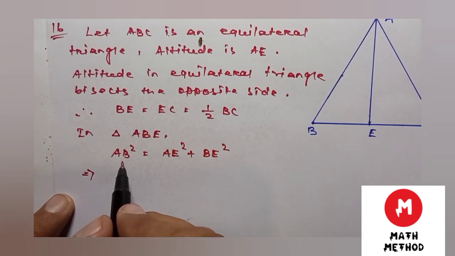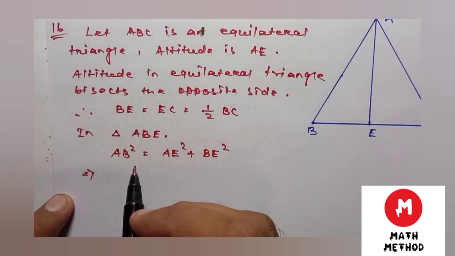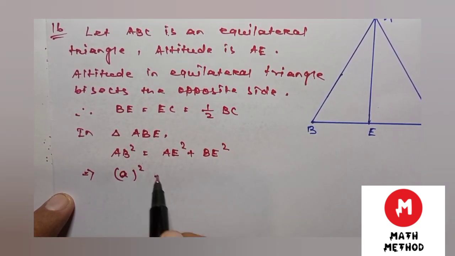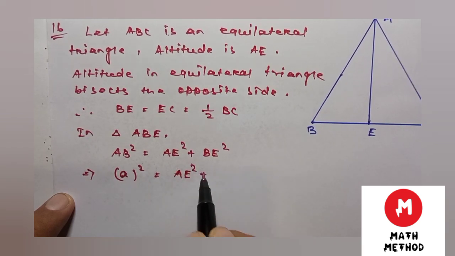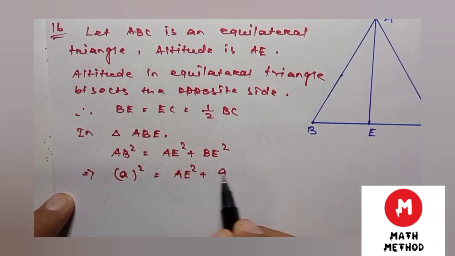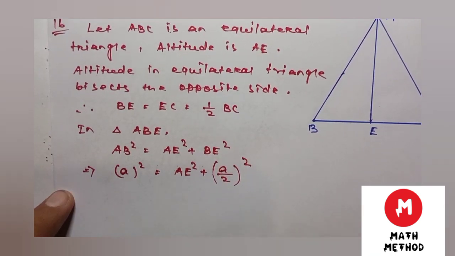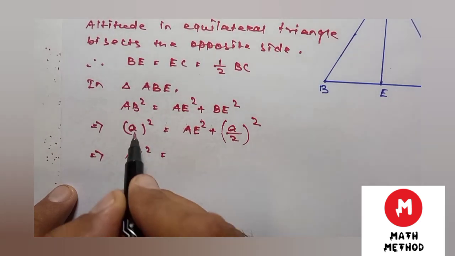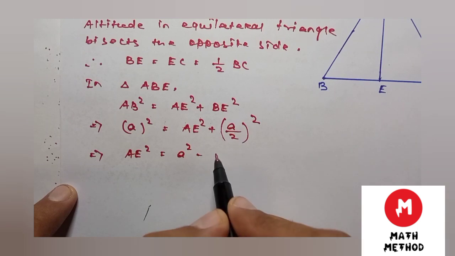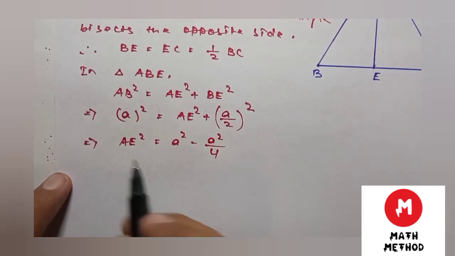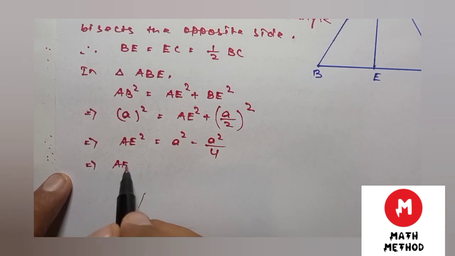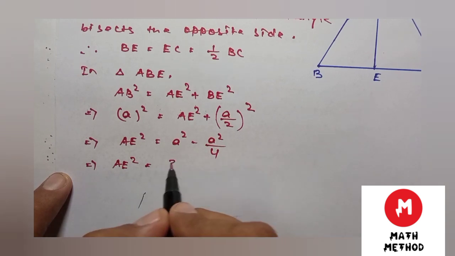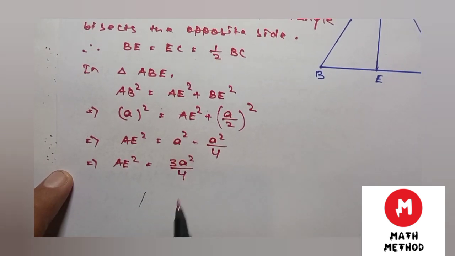Let AB be equal to a, so a square is equal to AE square plus a by 2 whole square, which implies AE square is equal to a square minus a square upon 4, which is equal to 3a square by 4.